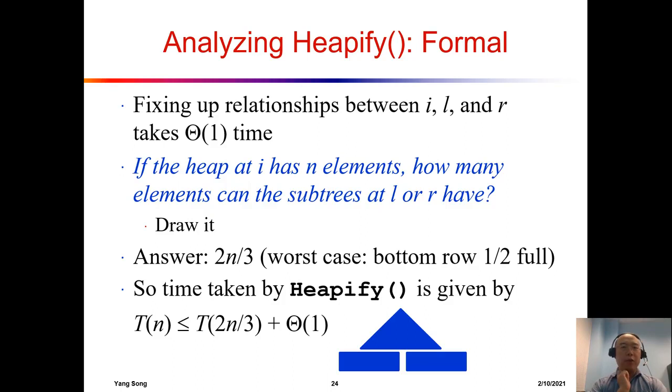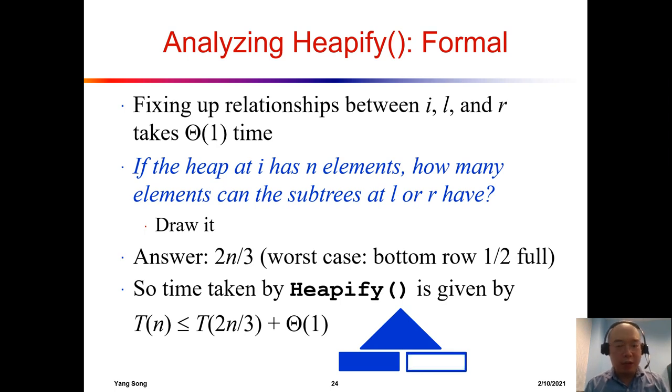And then you will see, when we are doing the Heapify, we are pushing the value down to one side, and then are we reducing the size of the problem, or the size of the sub-heap, into 1/2?